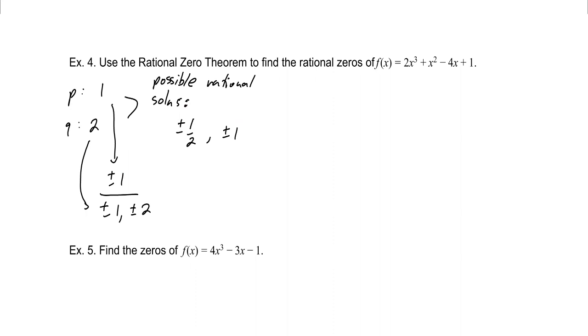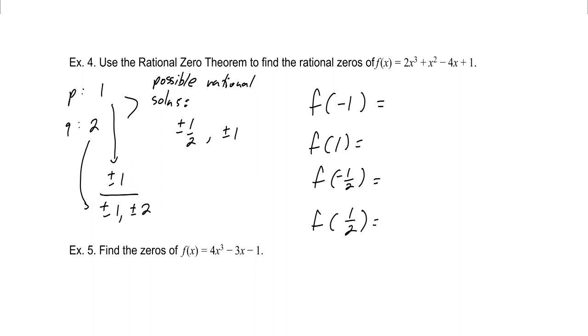So what we'll do is go ahead and evaluate this function at each of those, and see what we get. If it's 0, then that's a zero, or a solution. So f of negative 1 is 4.